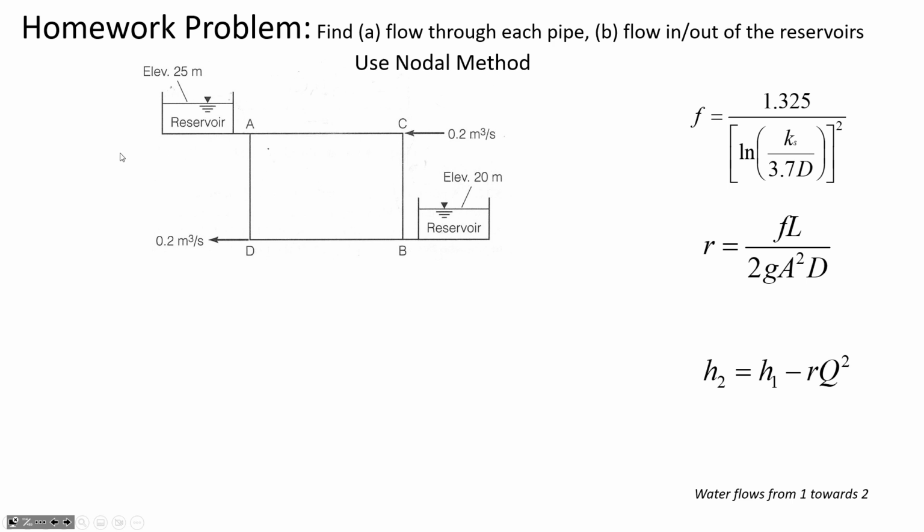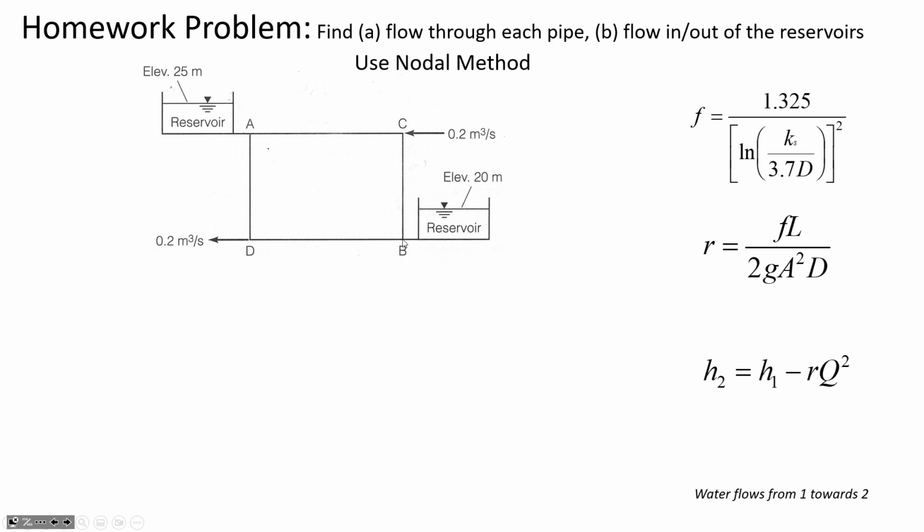The situation is you've got 4 pipes, and at junction A there's a reservoir, and the elevation of the water in that reservoir is 25 meters. And what you're meant to assume from that is that the head at A is 25 meters. And likewise, since there's a reservoir connected at B, that tells you that the head at B is 20 meters of head.